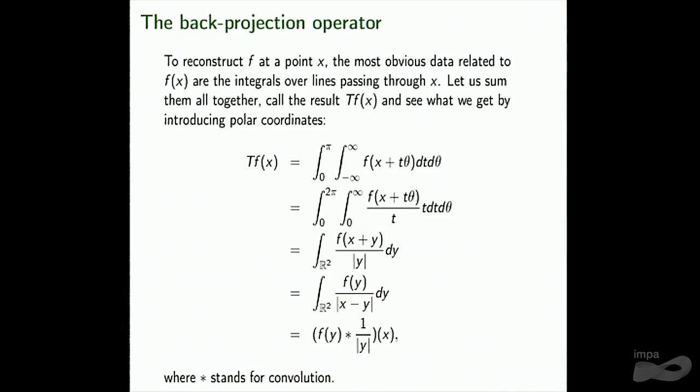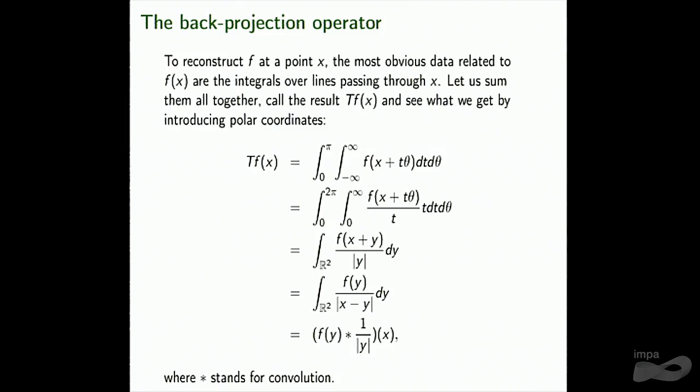Then actually we can move from polar coordinates to Cartesian coordinates. Kind of a trick here, and then we see that actually we are dealing with a convolution of f with such a singular function, 1 over the length of the vector. Just a little trick with integrations.